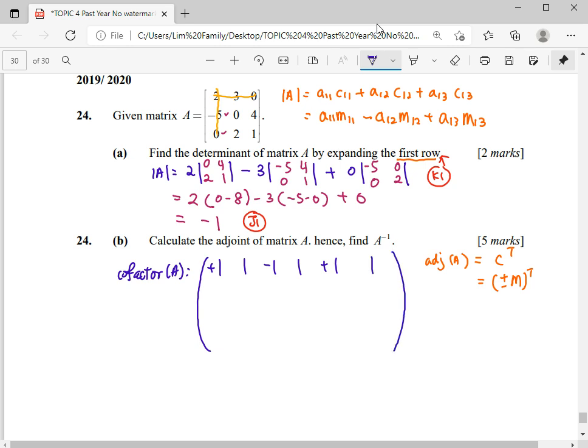For row 2, A21 is a negative minor, then positive and negative. Then the last row is positive minor, negative, positive. So this is my cofactor: either a positive minor or a negative minor, and then I put our entries here. What is the determinant for this?